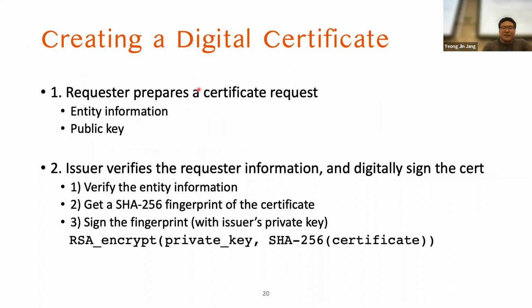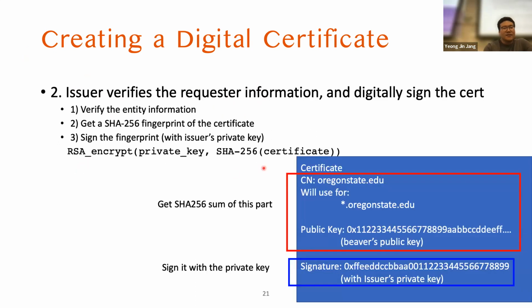After the requester prepares this certificate request, the issuer gets the request, verifies the information, and then digitally signs the certificate. Someone is requesting for OregonState.edu with the public key, and there is a Beaver's public key here, a private key here.